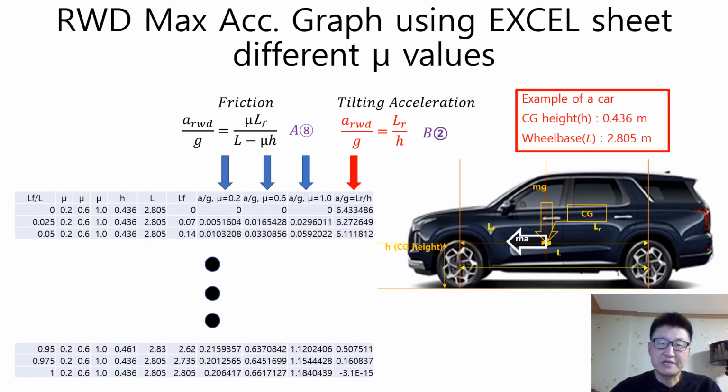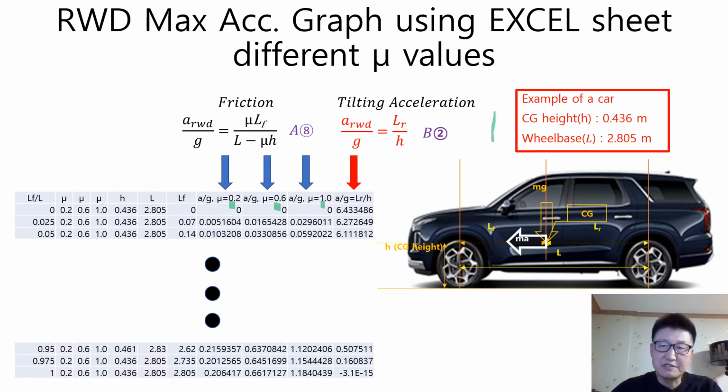To help you understand the maximum acceleration graph, I will show you three kinds of friction coefficients, 0.2, 0.6, and 1, in one place. The vehicle data are the same.